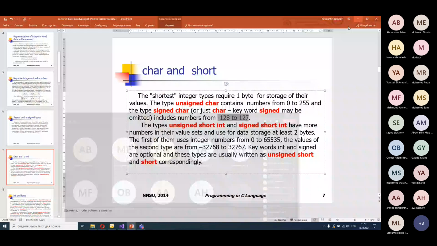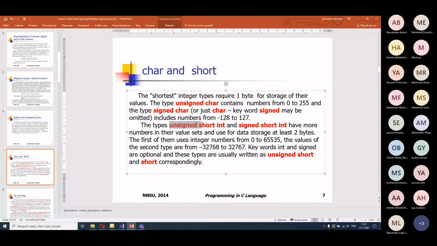Well, the next type is unsigned short int and signed short int. For these numbers, we use 2 bytes for storing.